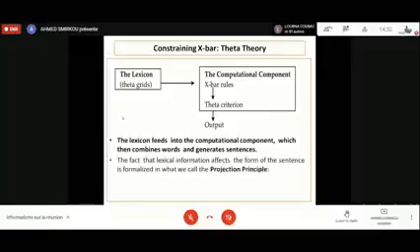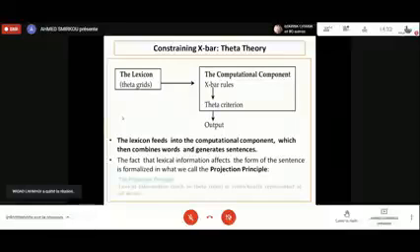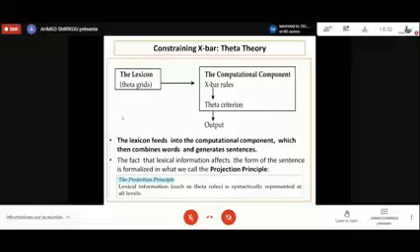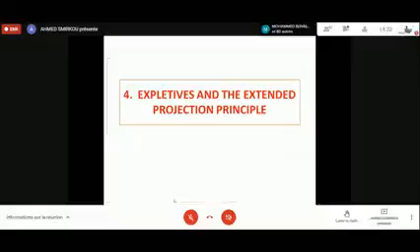So the fact that lexical information affects the form of the sentence is formalized in what we call the projection principle. Projection principle means that lexical information is always there, such as theta role is syntactically represented at all levels, at the lexicon, computational component, etc. Lexical information is always represented at all levels. But the projection principle is not of great importance, but the extent of projection principle is what concerns us.